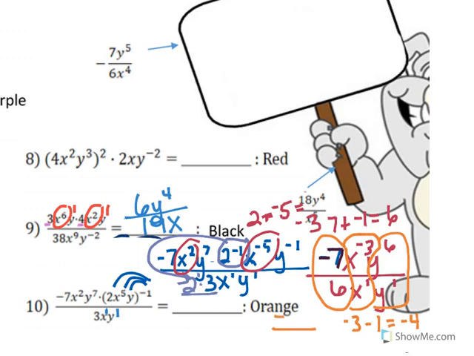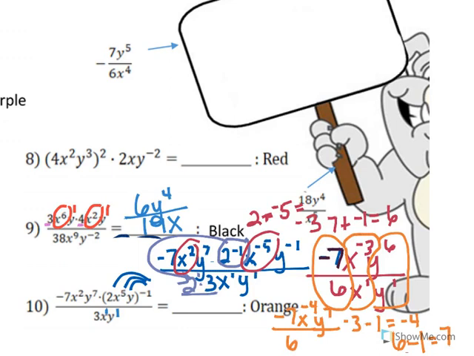So I'll have negative 7, the 6, and then x to the negative 4th. And then I'll have 6 minus, oh, I'm sorry, positive 1. So 6 minus 1, which is 7. So I'll have y to the 7th power. And remember, everything goes on top first.